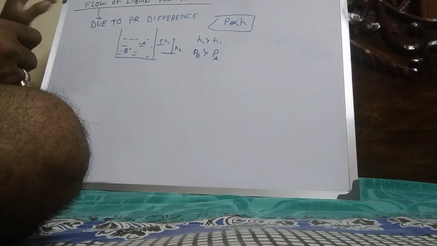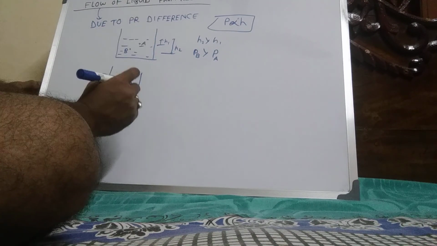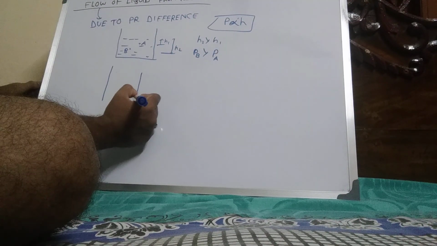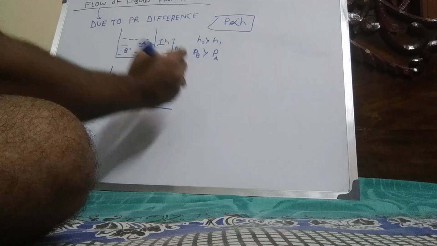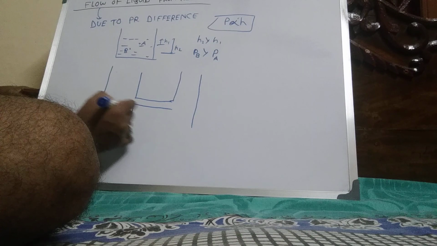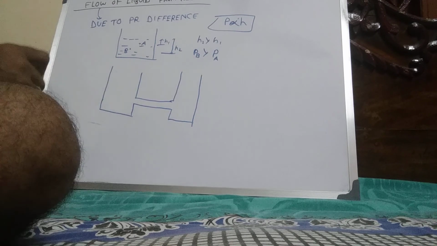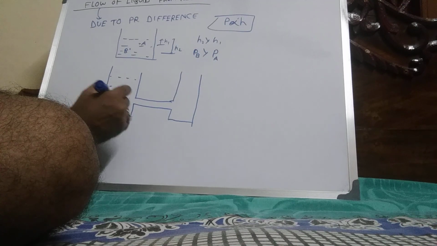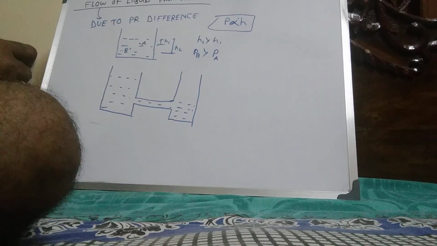And suppose this is the container, and this is a small pipe. Suppose first this is filled with liquid and this height is h1.